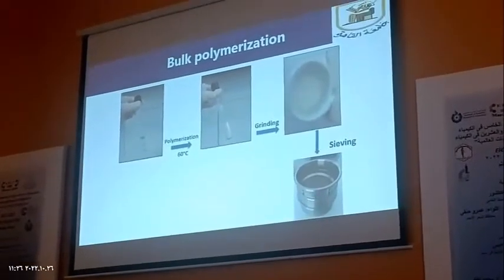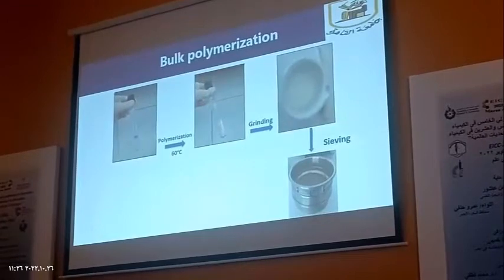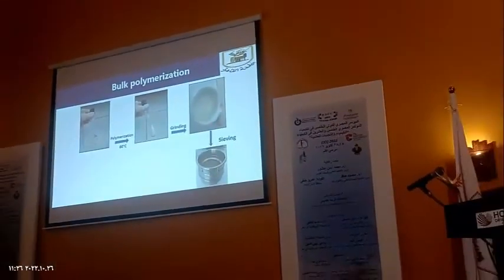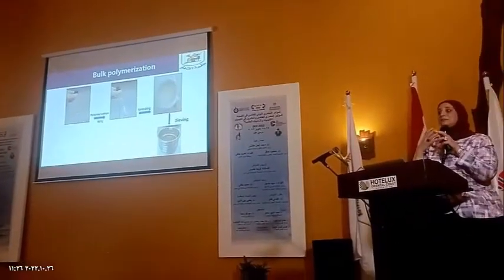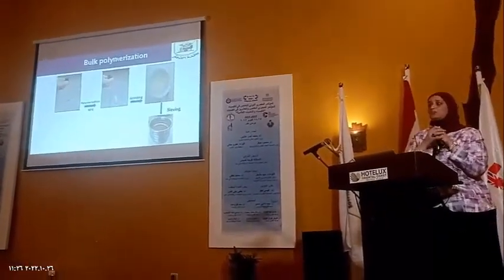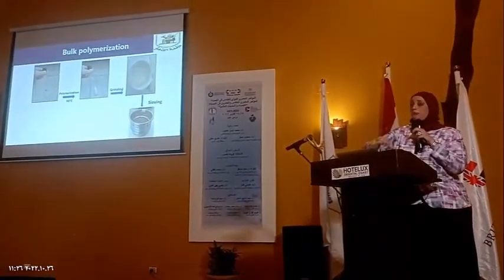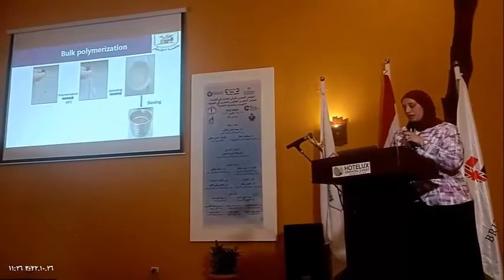Unfortunately, when you use the polymer for HPLC applications, you need to have a specific exact size of the particles that should not exceed 20 micrometers. If it exceeds this size, there is a probability that you have a back pressure, and this will spoil your HPLC experiment. So, unfortunately, bulk polymerization is not the best choice for HPLC applications.